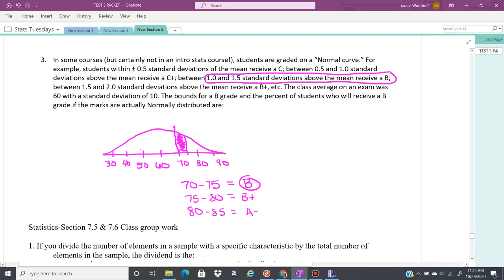And then the C's would be between 0.5 and 1. That would be the 65 to 70, et cetera. So that is how this works here. So you kind of just have to read through for the information, chart it. I always like to visualize it and then apply it.